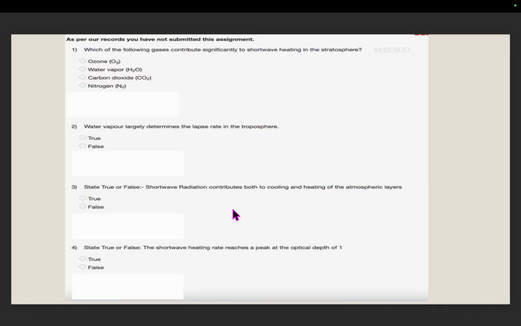Now, whether this third statement is true or false: shortwave radiation contributes to both heating and cooling of atmospheric layers.